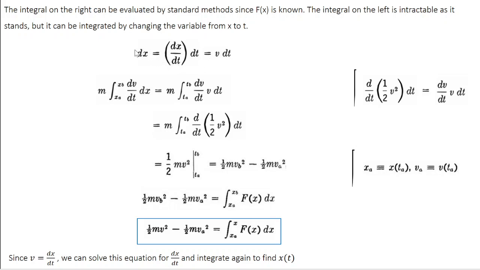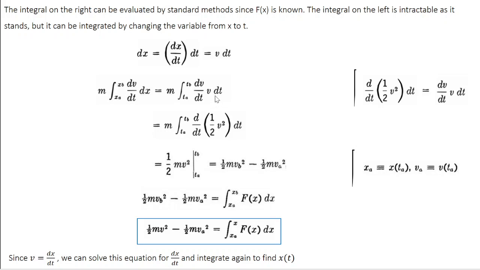So your integrating variable dx, now you change into in terms of dt. So the left-hand side now becomes m into integral from xa to xb of dv by dt into dx, equal to m into integral of dv by dt times v dt.